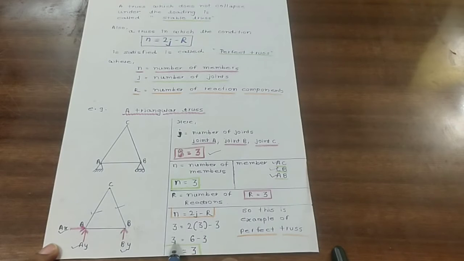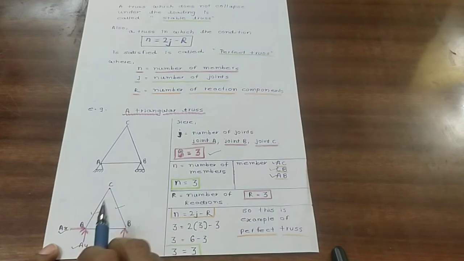So 3 is equal to 6 minus 3, so 3 is equal to 3. So the left side is equal to the right side. So this is an example of a perfect truss. Whenever this condition is satisfied, we can say that the given truss is a perfect truss.